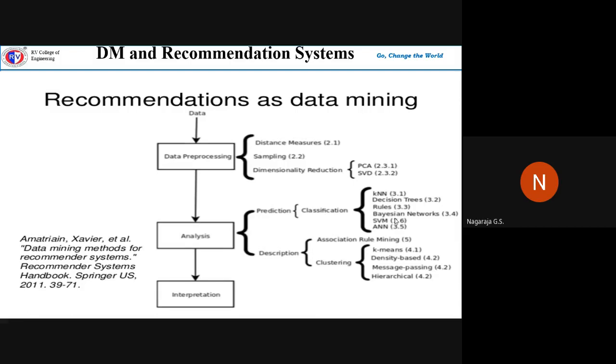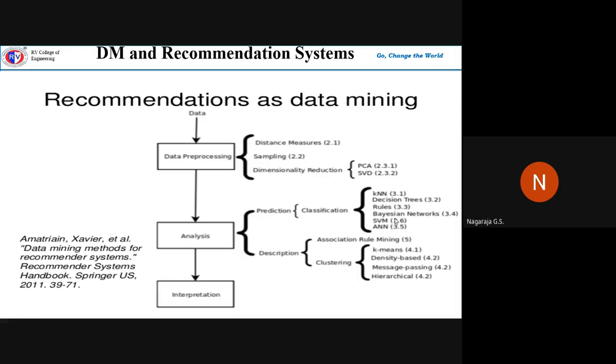In recommendations in data mining, the flow goes like this. Basically, there is data, then you start with data processing, because initially you may have raw data. Obviously you want to process the desired data as per your requirement.